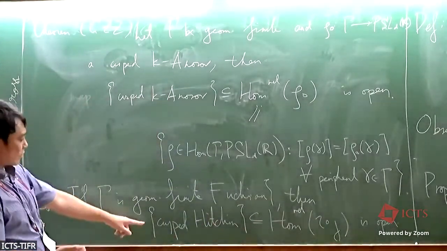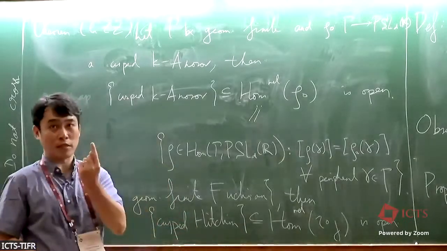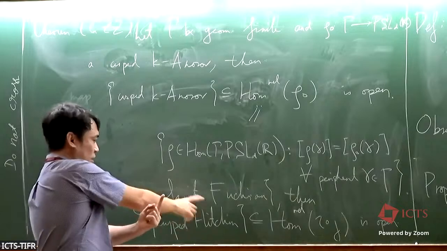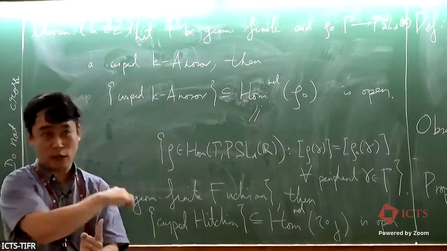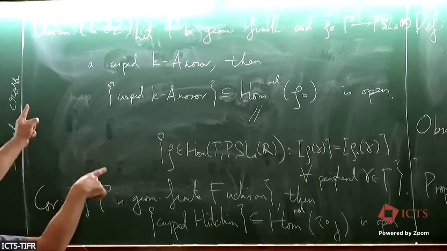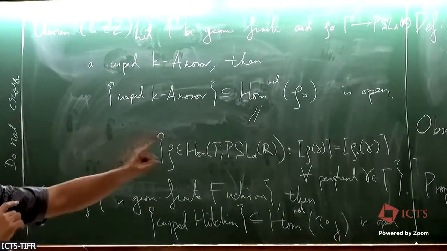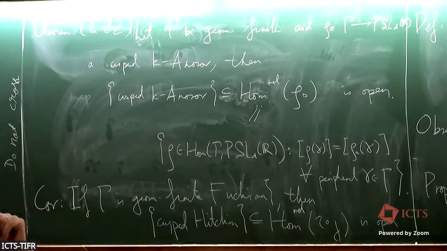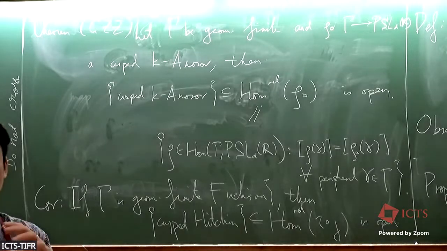Because if I start with any Hitchin representation of a geometrically finite group, I call that a cusp Hitchin representation. I know by the previous theorem that this is an Anosov representation. And by this theorem, the stability tells me that if I perturb that a little bit, those remain Anosov, meaning that you have rho-equivariant transverse maps with some additional property.